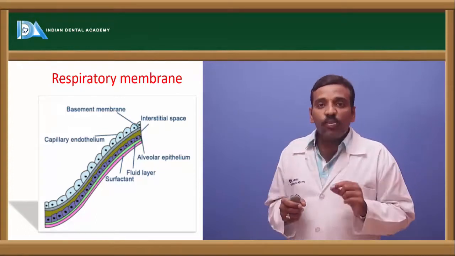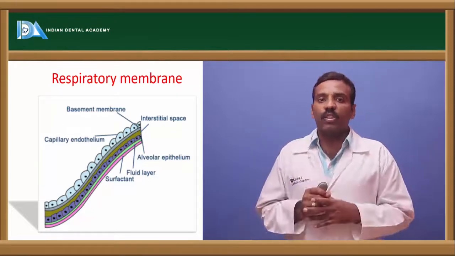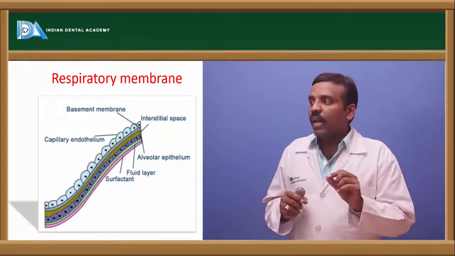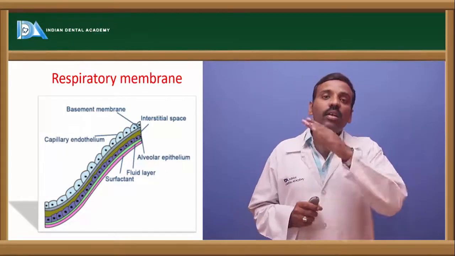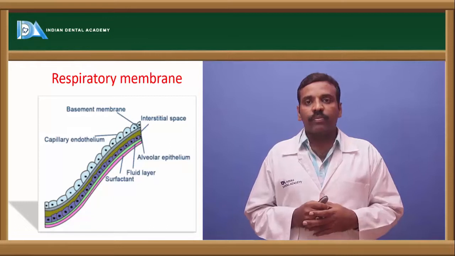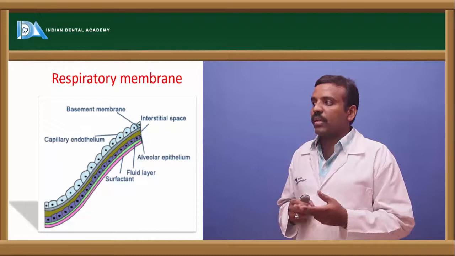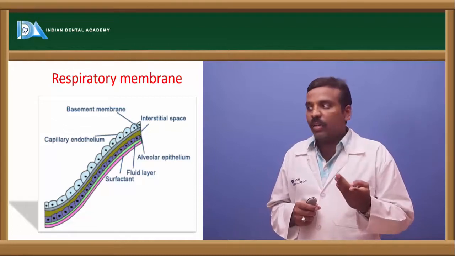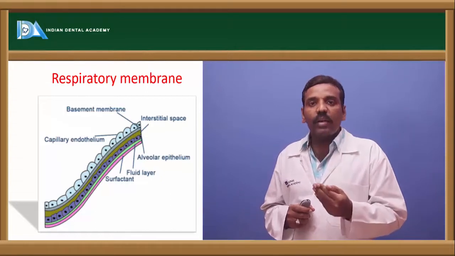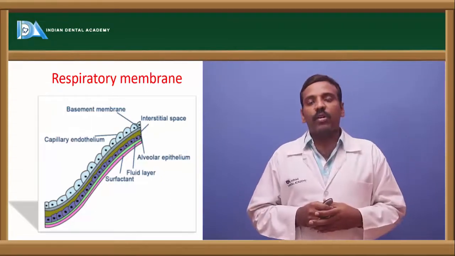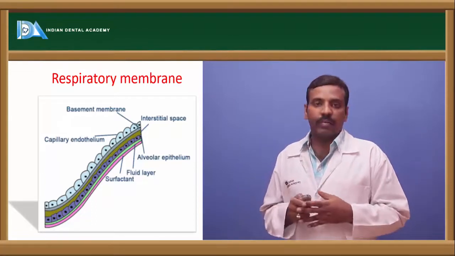See the diagram clearly: the alveolar epithelium is present, then the fluid layer, and after that the surfactant is present. That is the respiratory membrane.